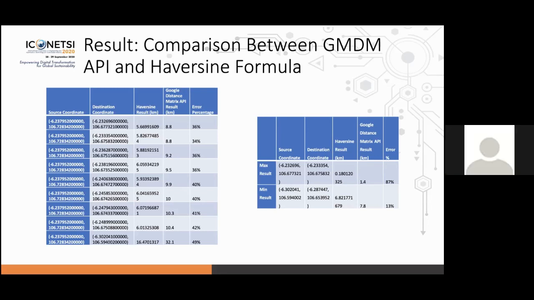Yes. All right, I continue my question. So you have several source coordinates, and the source coordinates are like the catering vendors, and the destination coordinates will be the customers?